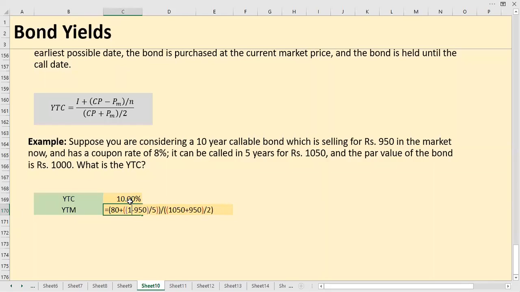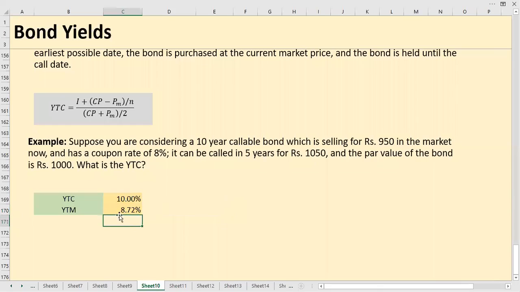That is 1000 minus 950. Not 5 years, we are getting 10 years. Again here 1000 plus 950, divided by 2. That is the only difference that we have to make here.